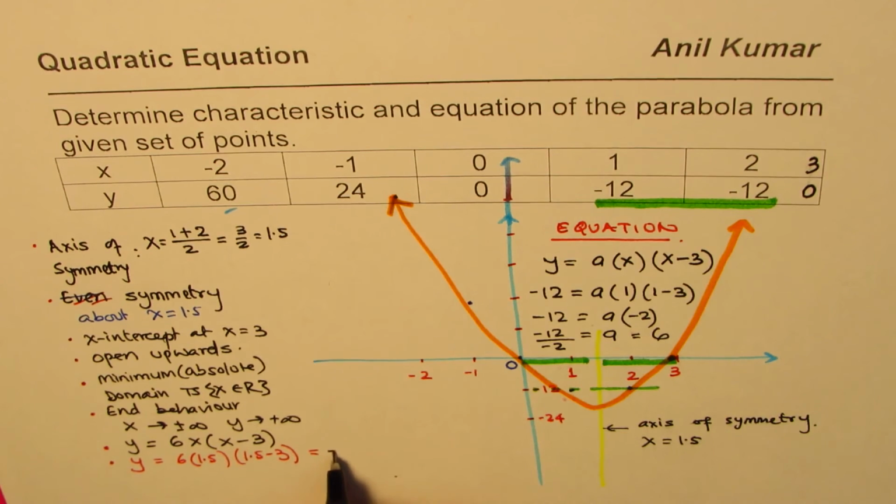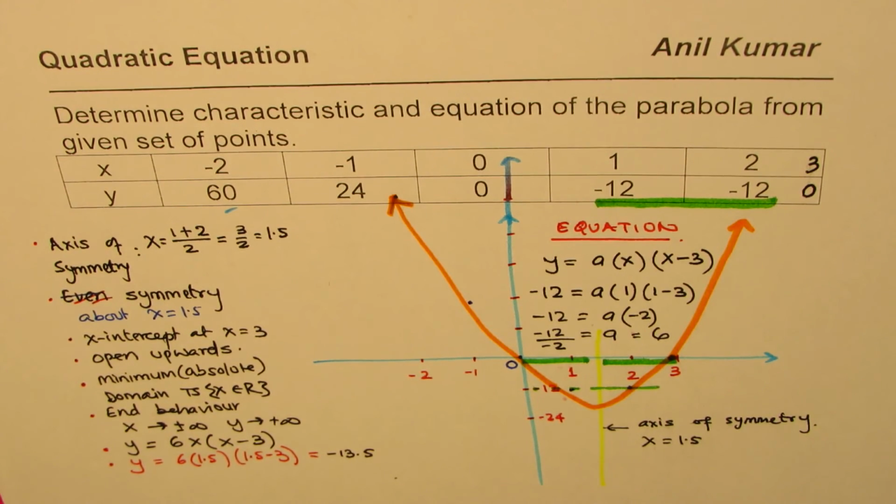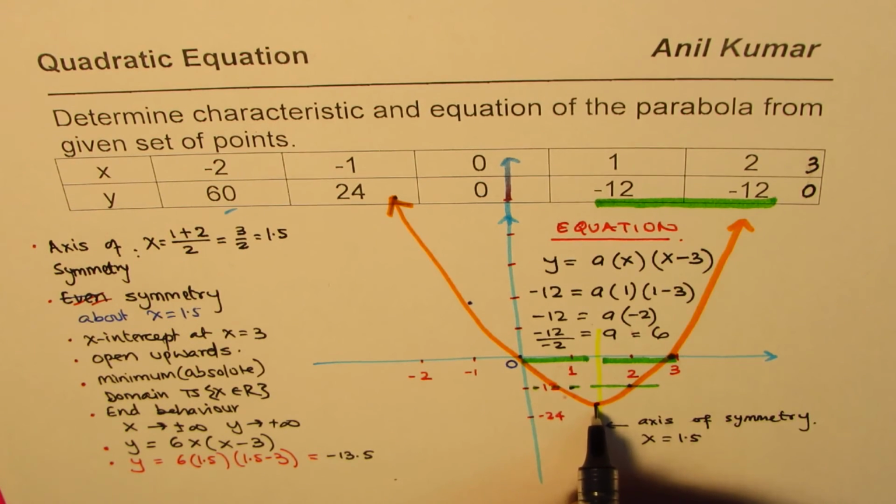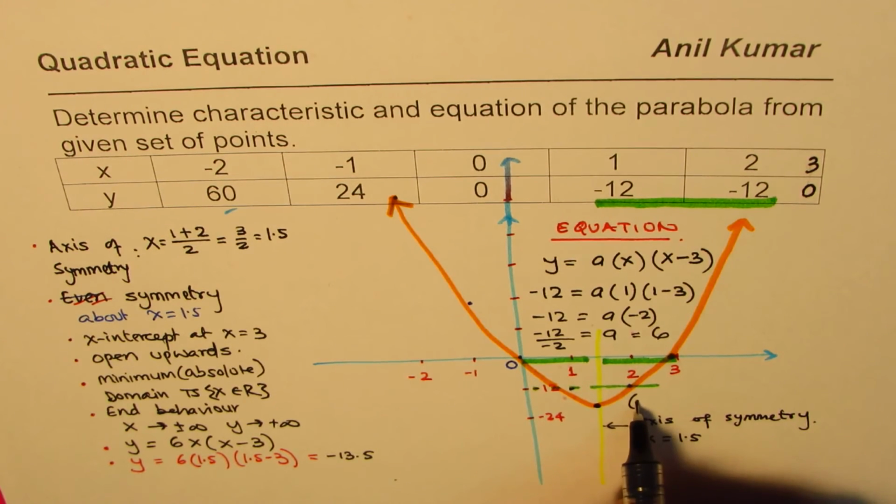So when you multiply, you get negative 13.5, so slightly below minus 12. So the vertex here is at 1.5 as the x value and minus 13.5.